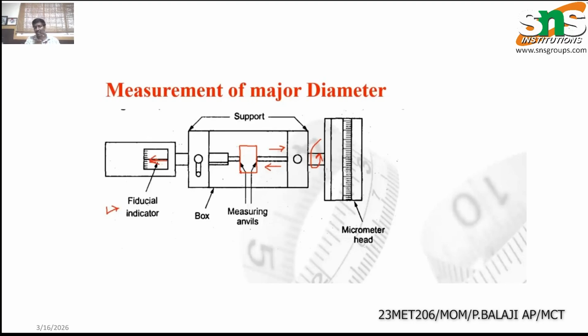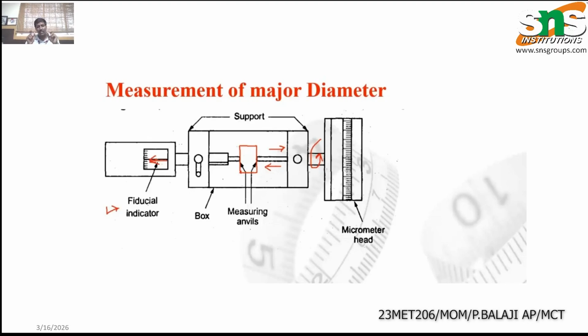On this screen you can see the major parts: a visual indicator, the support boxes, and we fix our thread between the anvils. On the right side we have the micrometer readings. By following that process, we can take the major diameter reading of the threads.